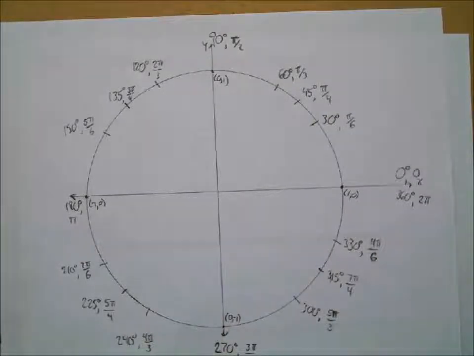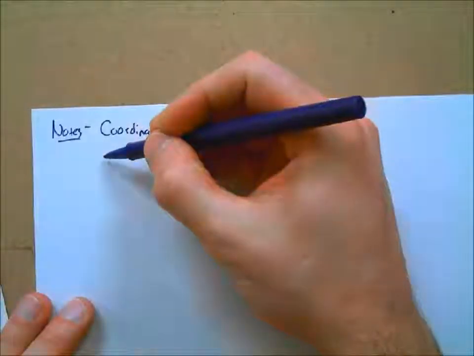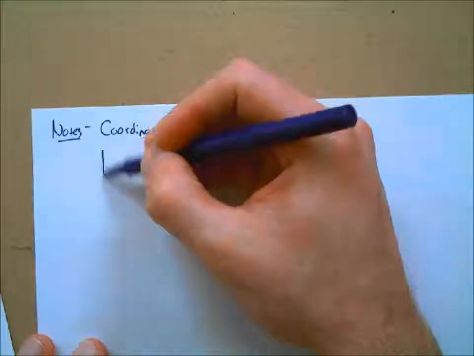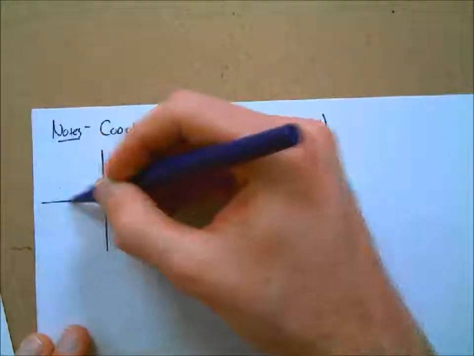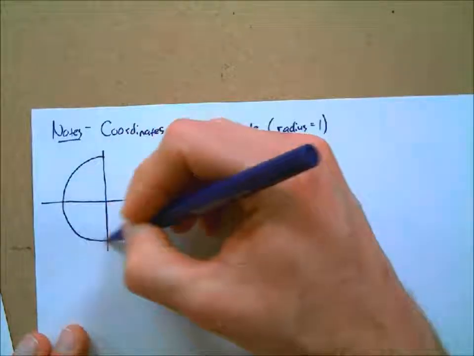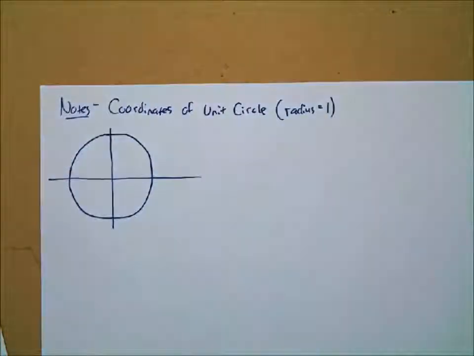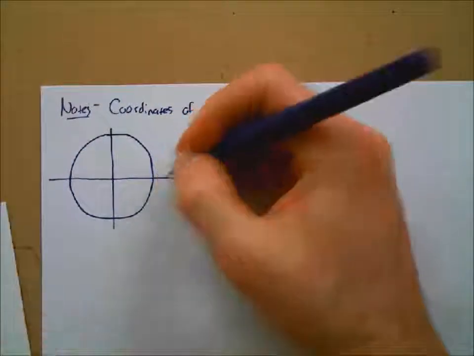All right? So, general overview here. The unit circle there. I'm not going to put all of our things in here, but we already know some of the coordinates of the unit circle.